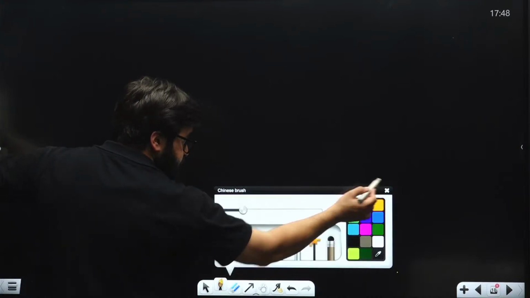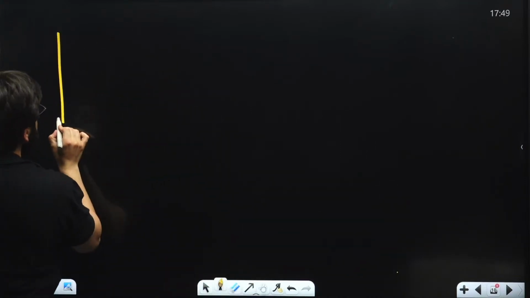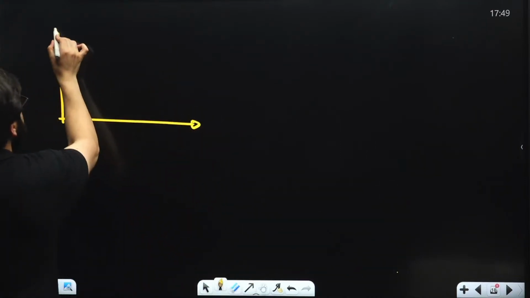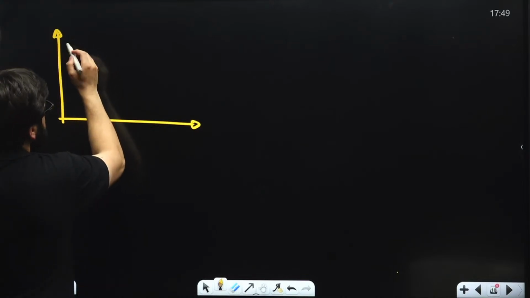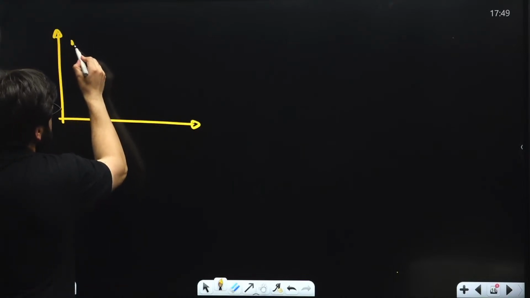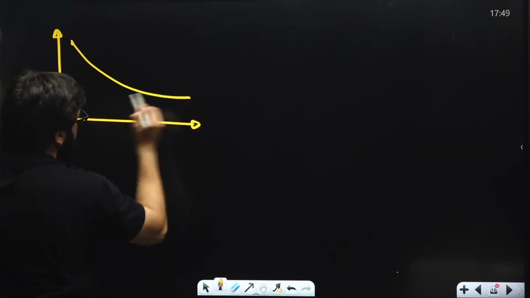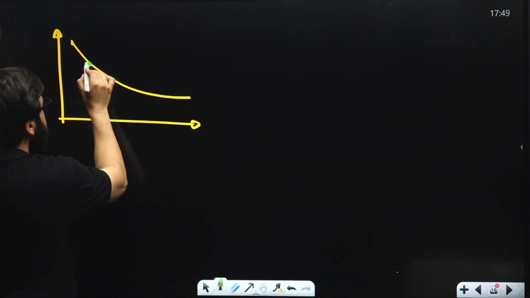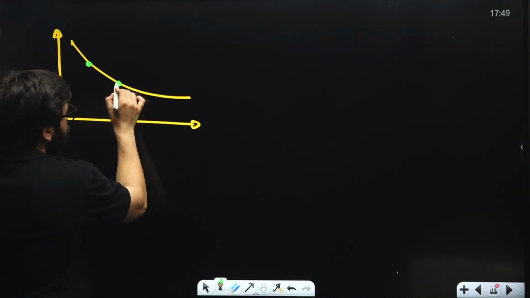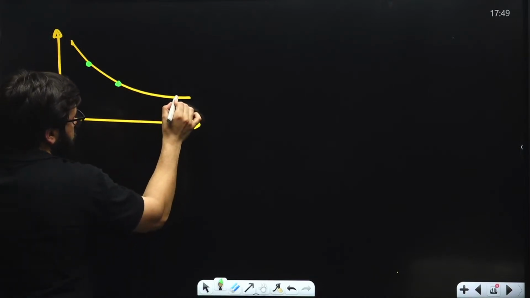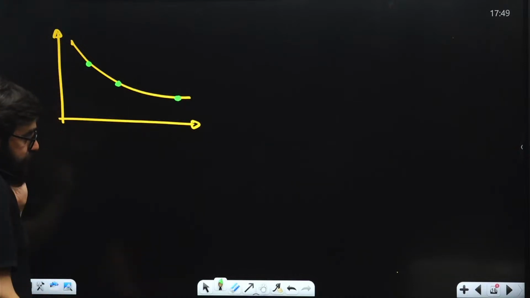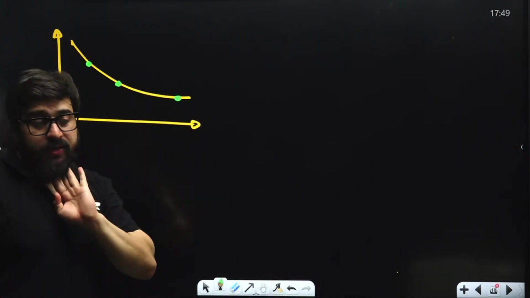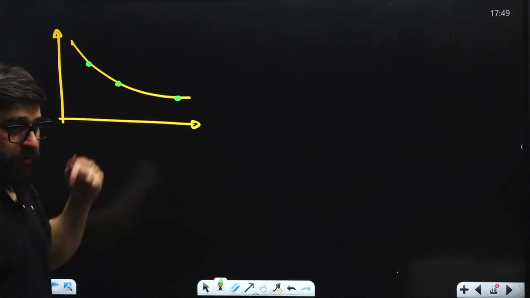Let's suppose I give you a question something like this. Let me make this figure first. This is point 1, this is point 2, and this is point 3.